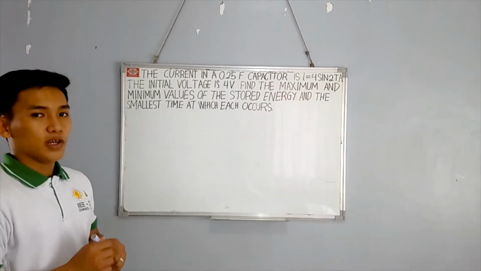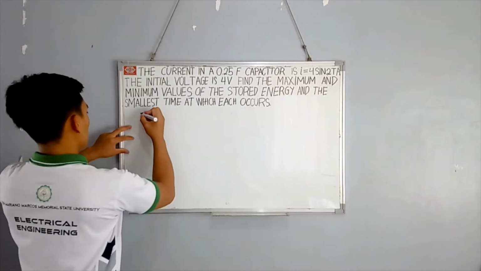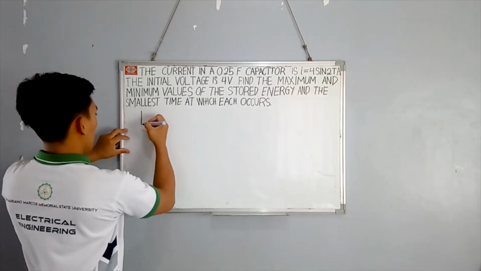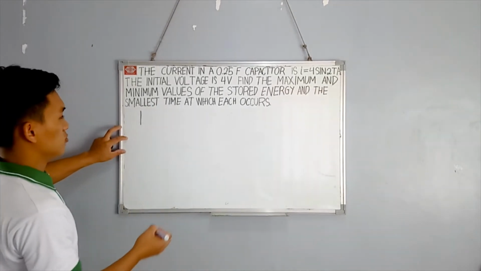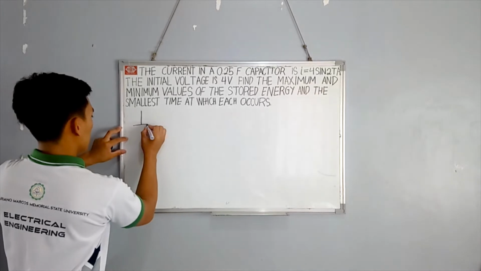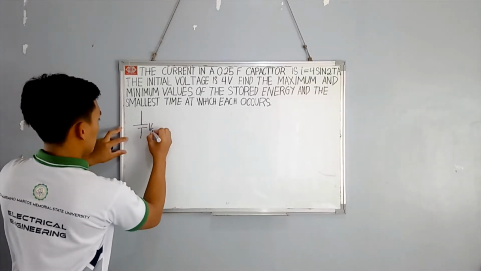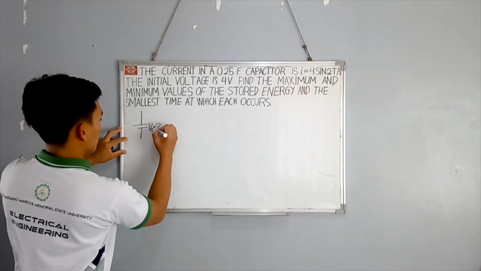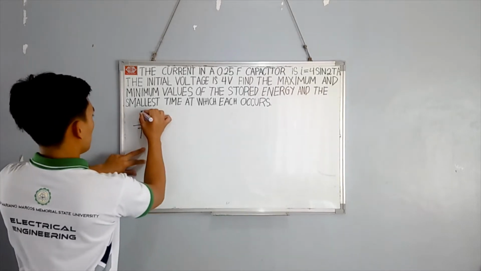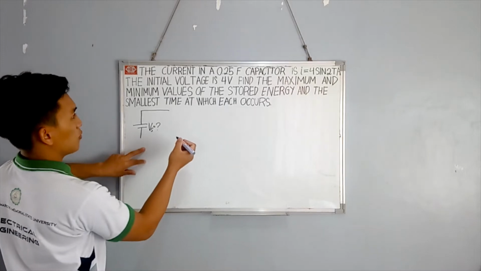First, we will draw the figure of the problem. Our voltage source is unknown, and our capacitor is 0.25 farad.